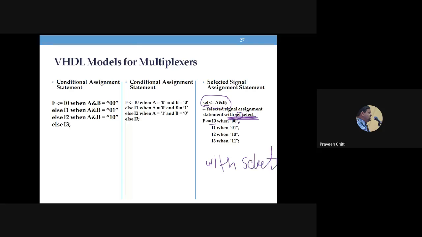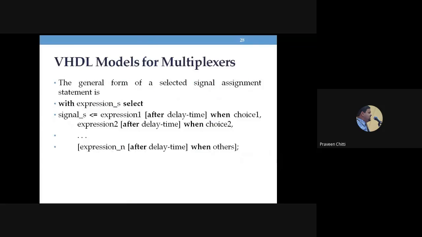Select statement. This is called the with select statement. The expression for the with select statement is given. You should start with the keyword with, then some expression or a variable or a signal with expression, then the keyword select.